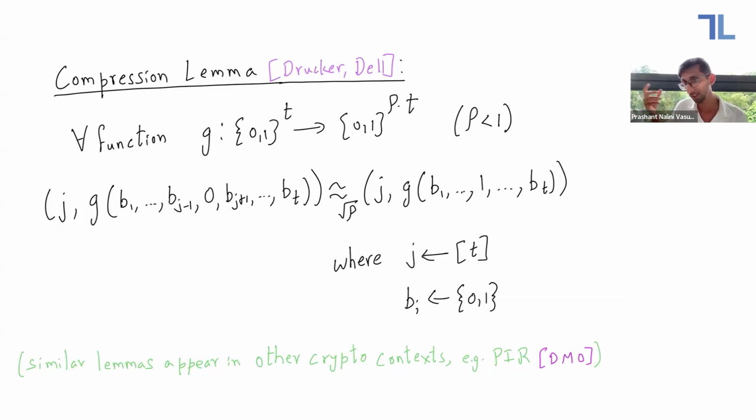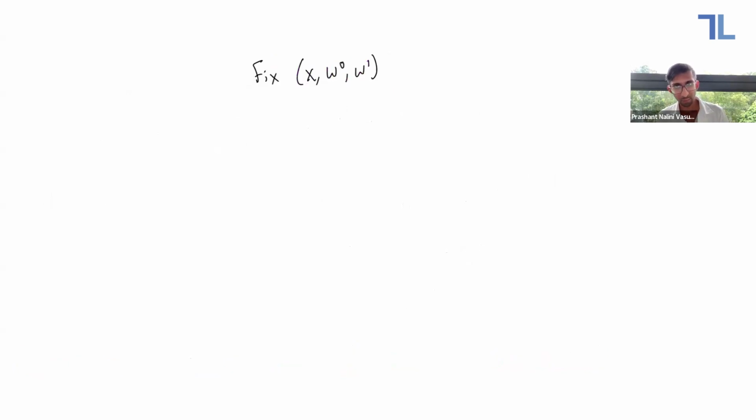So again, it's losing some information about the database, and you can actually use this to get some security properties from a PIR protocol. So again, for similar reasons, similar lemmas have been used in the past, and this is what we'll be using. This is the core of our technical proof. So we have this lemma. Now it's a simple matter of identifying the functions in our construction with these functions and then applying the lemma.